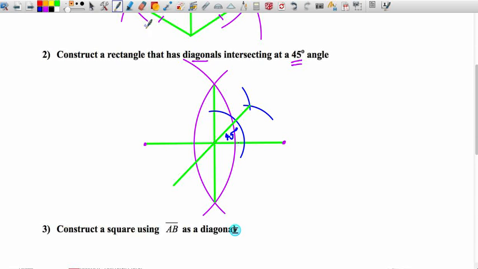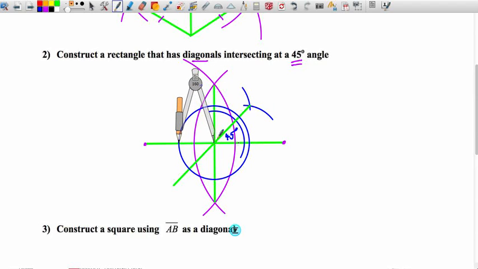The final piece of this is to ensure that those diagonals are of equal length. The easiest way to guarantee that is I will treat the intersection point as a circle center, and I'm just going to go all the way around in a circle.